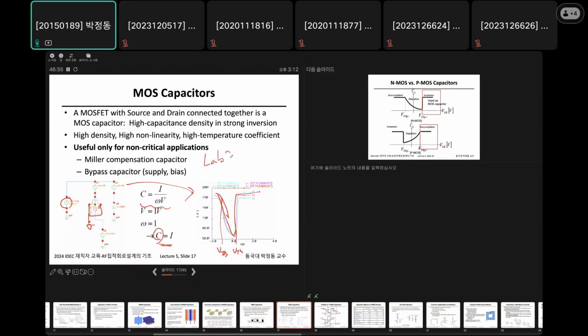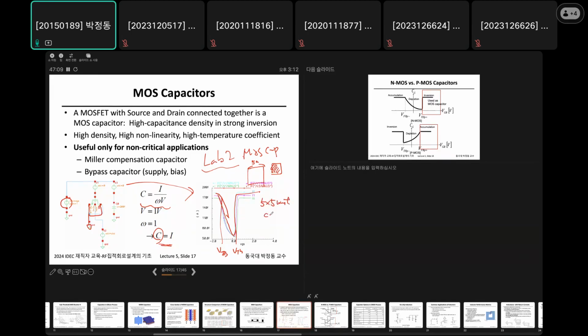Just extract the MOS capacitor characteristic for our design. Take a MOSFET whose size is, let's say, 50 by 50 micron, or maybe I don't remember the size of the unit cell, but let's say a 5 by 5 unit cell.